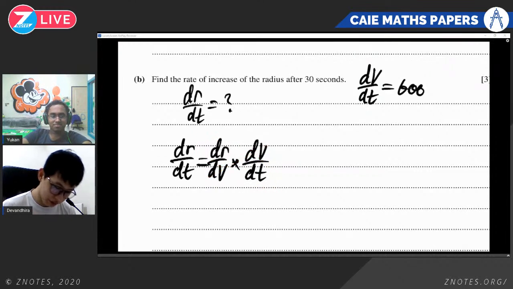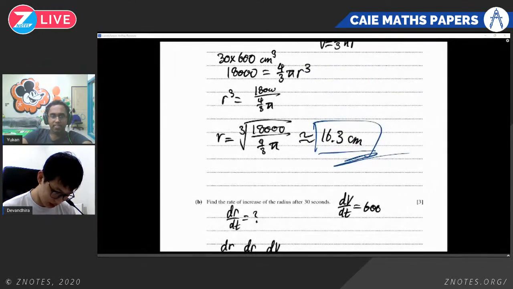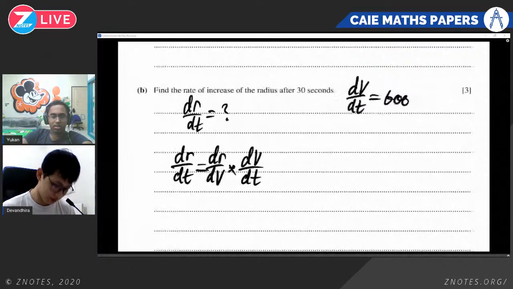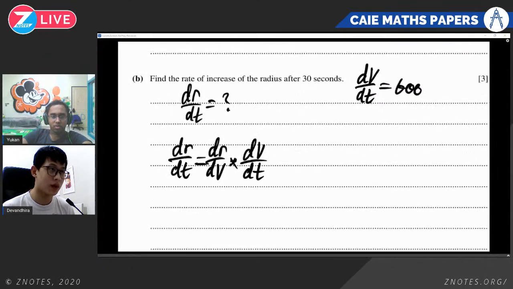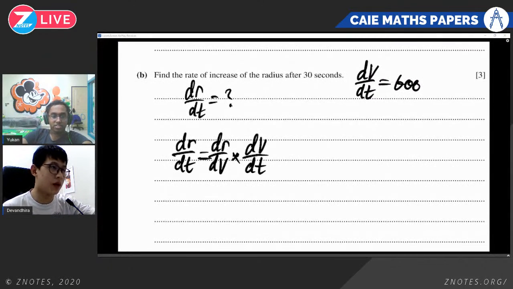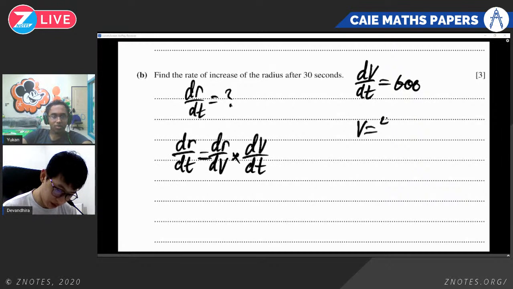All right. We know what dV/dt is, which is 600. But what's dr/dV? How can we get dr/dV? We have the volume formula, so we can differentiate that. Exactly. So we have our sphere volume formula, 4/3 pi r cubed.